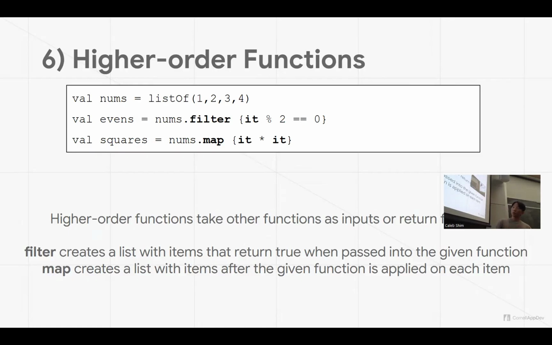Well, here we are passing in a function. So we have a list of numbers, which is 1, 2, 3, 4. What if we want to get a new list which contains only the even numbers from the original list? Well, we use the filter method. But you might be asking, what does a filter method take in? It's actually an anonymous function which takes in the element type and returns a Boolean.